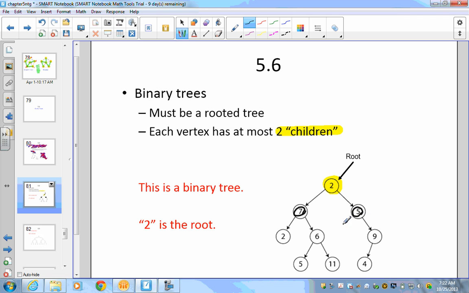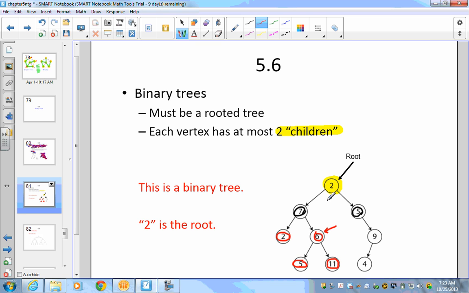So keeping that philosophy going, if we look at vertex 7, we notice that it has two kids, which is 6 and 2. Let's look at vertex 6. We're just examining the graph here. This has 5 and this has 11. These are the two kids of vertex 6.